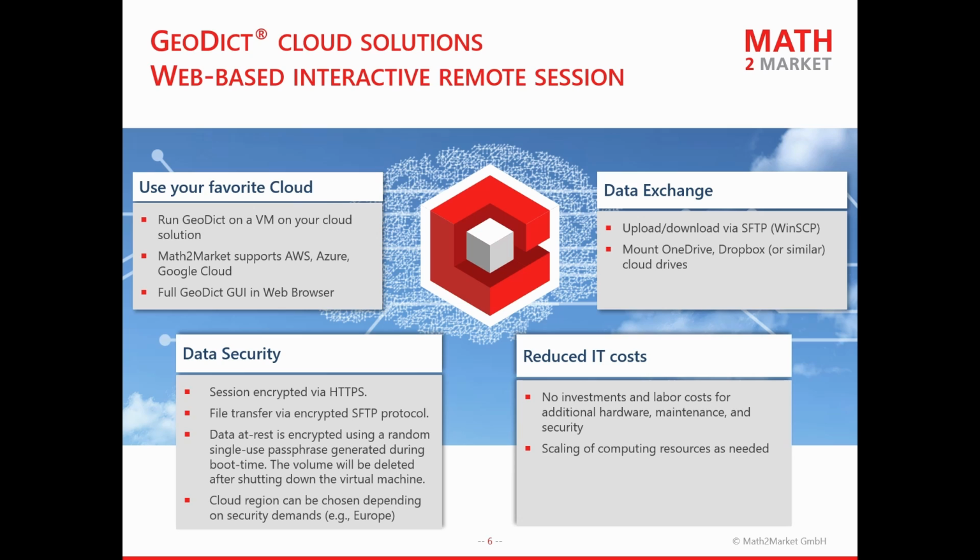For example, we can start instances in the Frankfurt region of Amazon Web Services. By using this solution, you can reduce your IT investments and labor costs for acquisition and maintenance of workstations and computation servers. And of course, you can scale your computing resources as needed, as you can always start more instances.